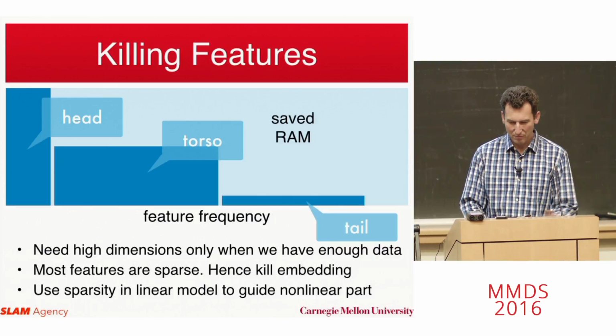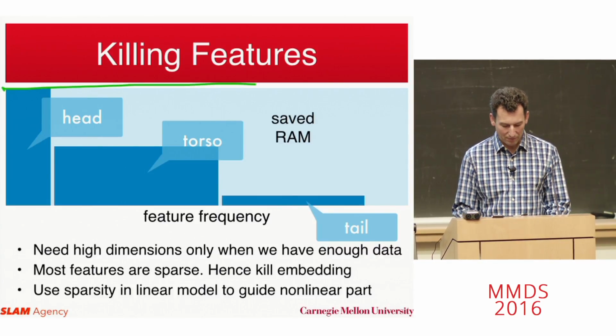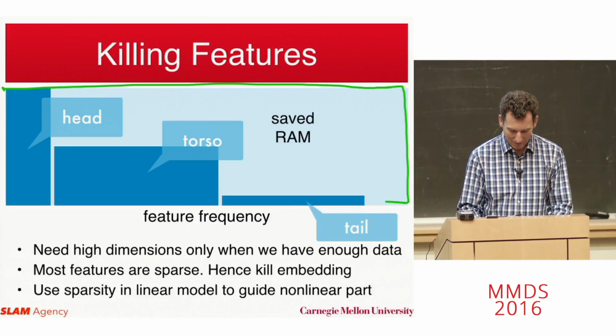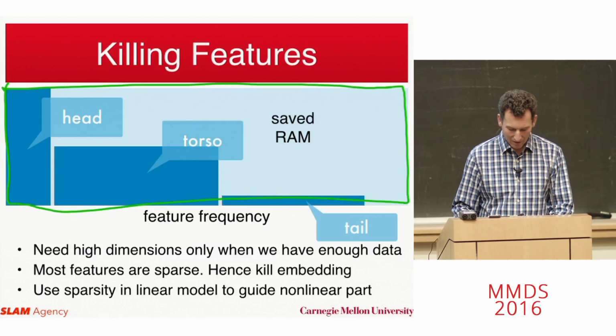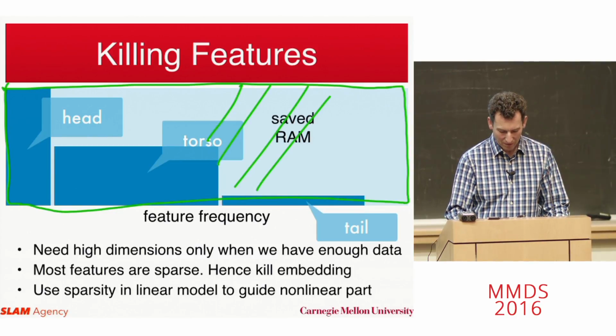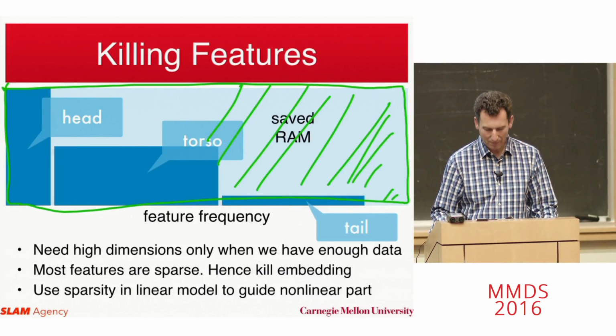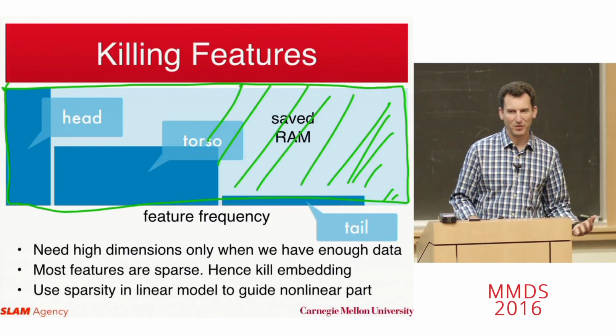Okay. Now back to the model itself. If I were naive, I would basically take this entire embedding matrix here and store this. This would cause a lot of memory requirements and also network traffic for anything here in the tail. But if you think about it, these are features that occur maybe 4 or 5 times.